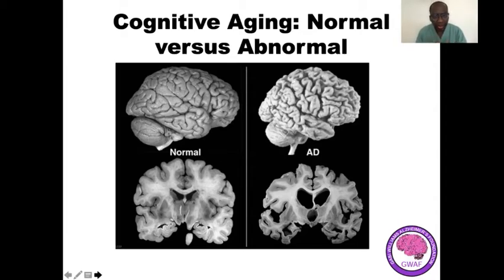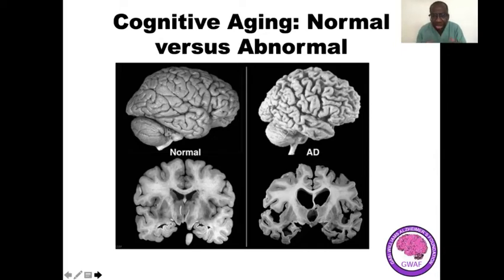And just for simplicity's sake, if you look at the left, the normal brain versus the Alzheimer's disease brain labeled AD, what strikes you the most? Well, what strikes me the most is that the Alzheimer's brain looks a lot smaller. It looks a lot more shriveled up.